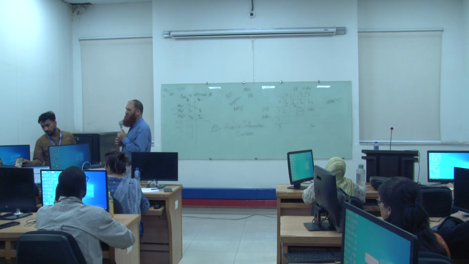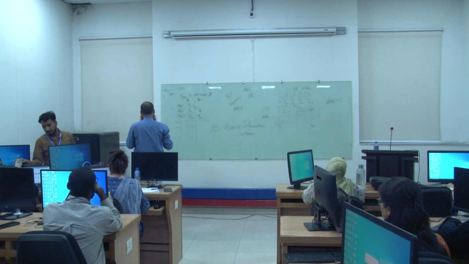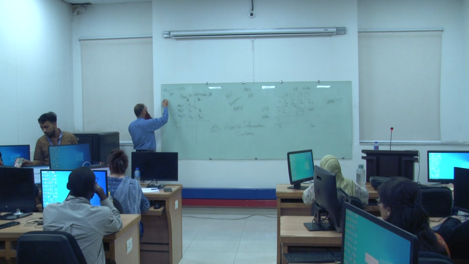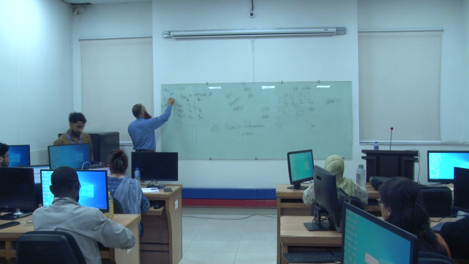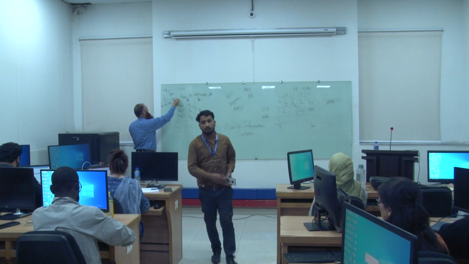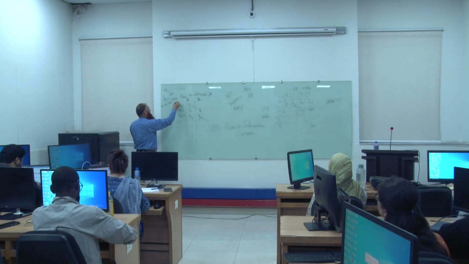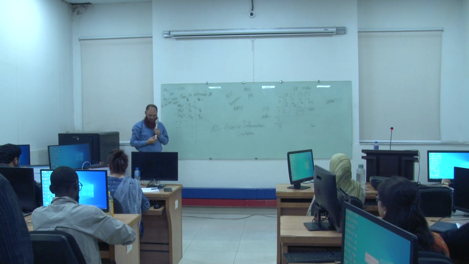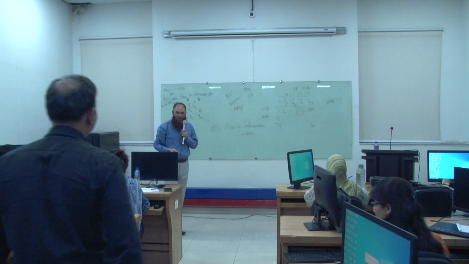Then suppose you have decided that I will use information criteria. Then there are again choices. It could be AIC, BIC, HQ, RMSE, modified Akaike information criteria, and there are other choices as well.